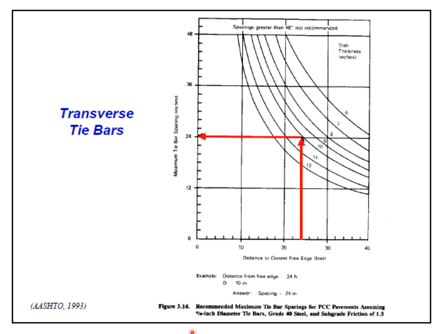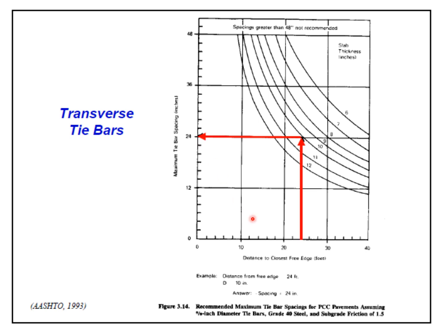Now look at this example. Distance from free edge 24 feet, D is again 10 inches. So using this figure here, this is 24 feet, so corresponding to that, looking at the 10 inches, the concrete slab thickness, you can see here 24 inches.